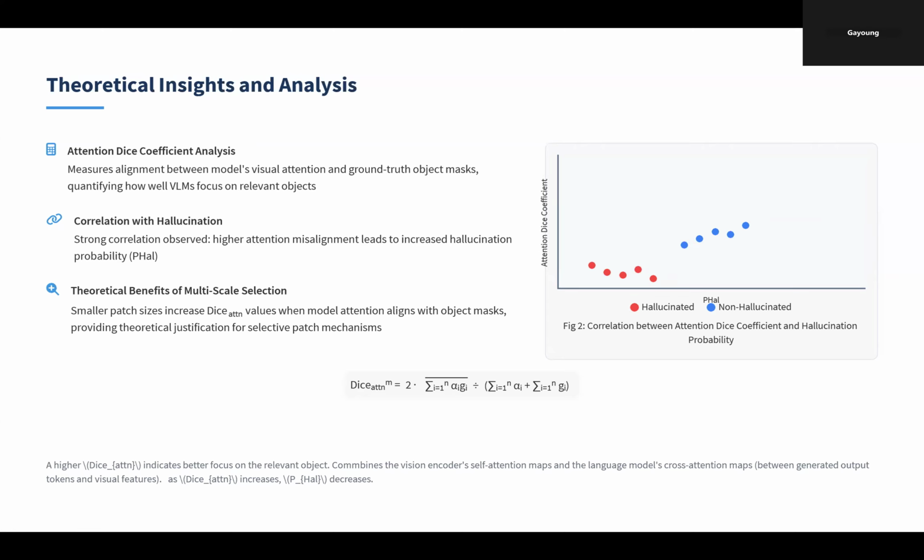There's a correlation between the attention dice coefficient and non-hallucination. What we can ask is how the attention dice coefficient is really calculated, and how we can increase the dice attention value. The answer is that a smaller patch size usually increases the dice attention value when the model attention aligns with the object mask, providing theoretical justification.